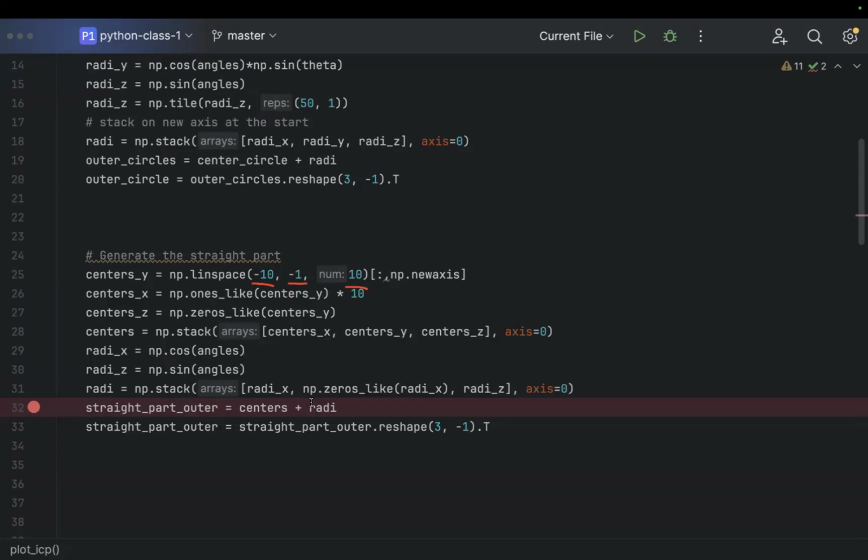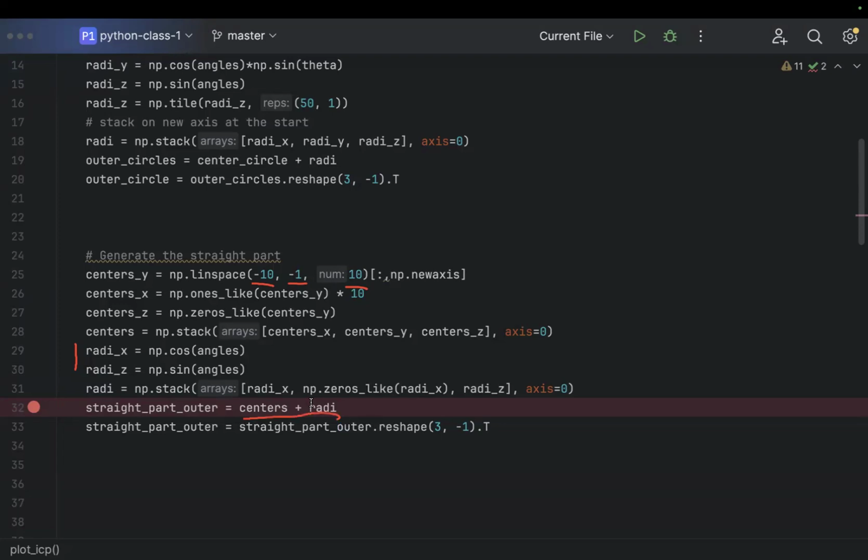So basically, the radii only go into the x and z axes, because I'm along the x-axis at the beginning and the line needs to go along the y-axis. They rotate around the y-axis. So I rotate this with cos and sine, and then I stack them together by adding them with broadcasting.